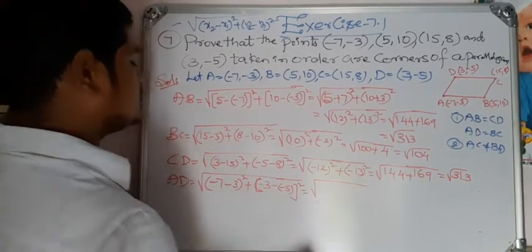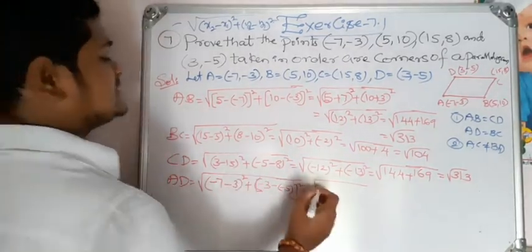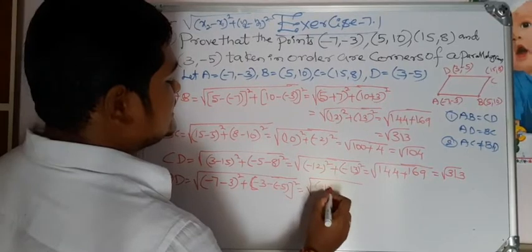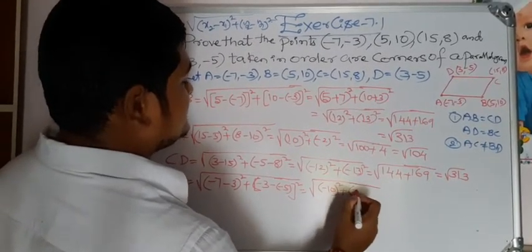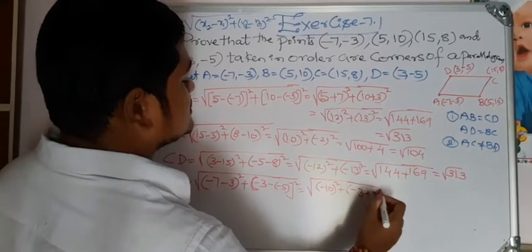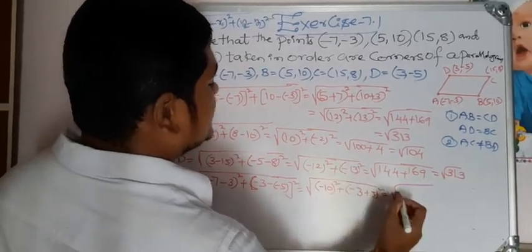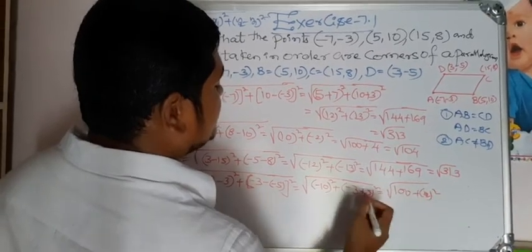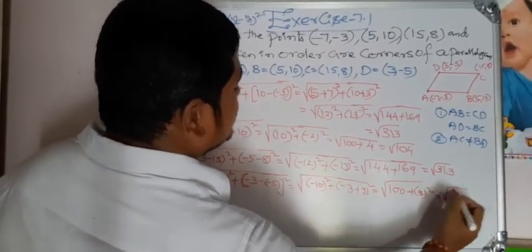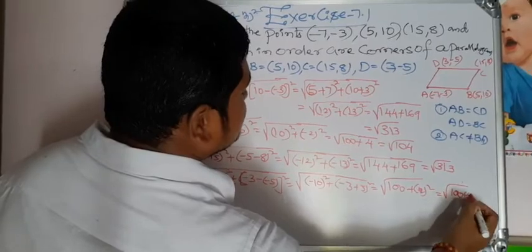So minus 7 minus 3 is minus 10 whole square plus minus 3 plus 5 whole square. So it is equal to 10 square, which is 100, plus 2 square. So it is equal to 100 plus 4, which is root 104.